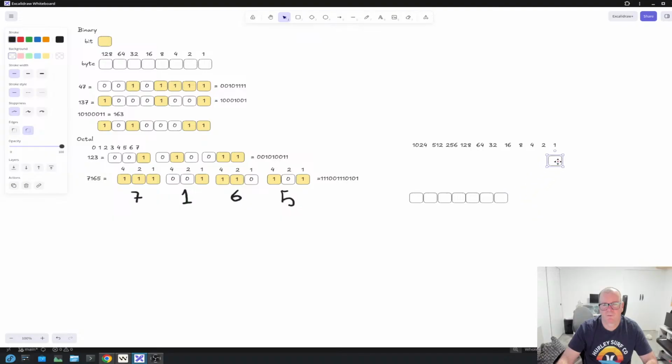It's silly, but it's going to work, because this helps me visualize all the bits that I need to turn on, and I know which values I need to add.